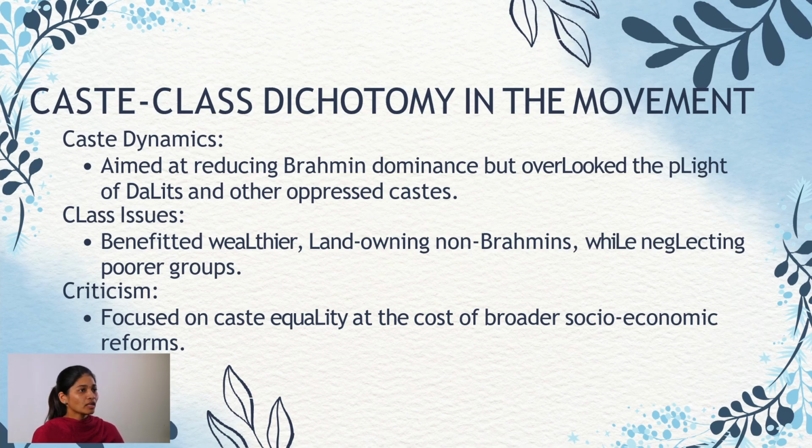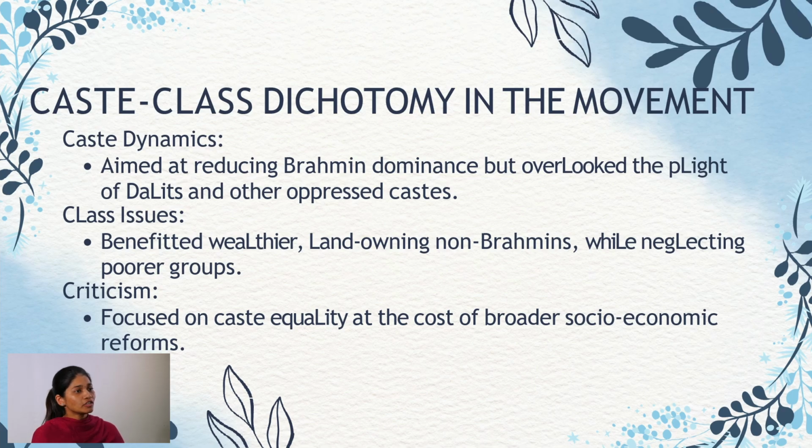Critics argue that by concentrating primarily on caste issues, the movement failed to engage with essential economic and class struggles. This narrow focus limited its effectiveness in addressing systemic inequalities that transcend caste lines and affect all marginalized groups.